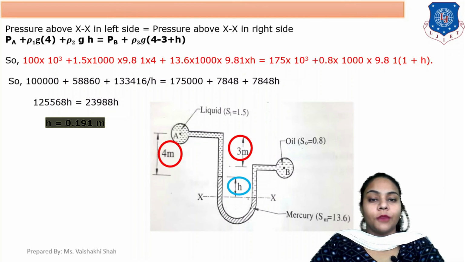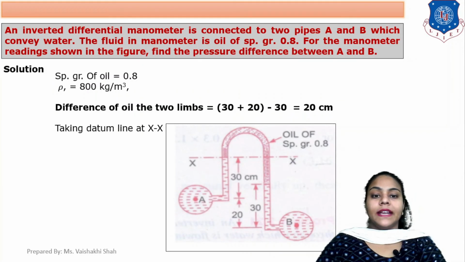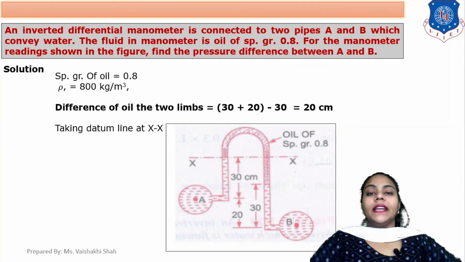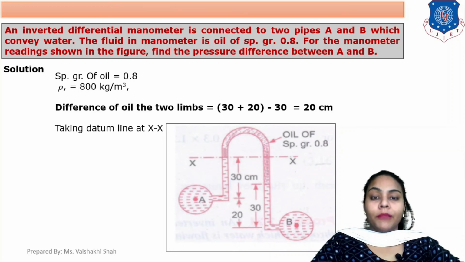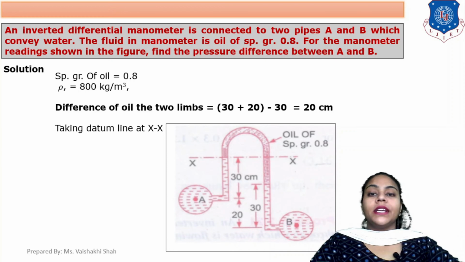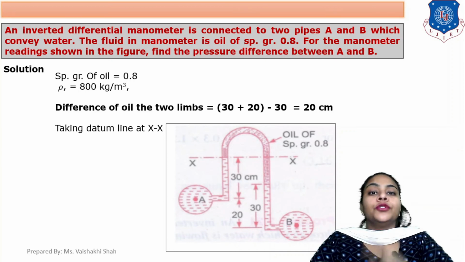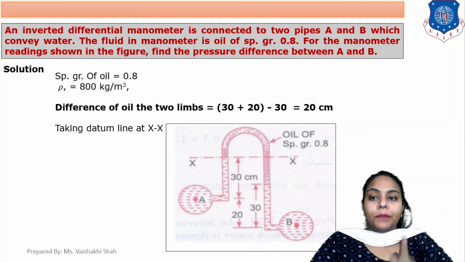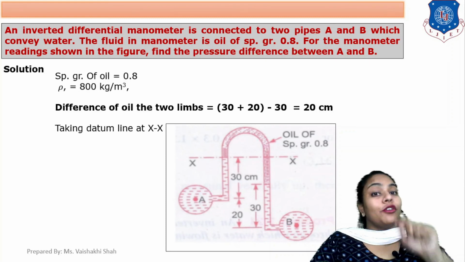Okay. So, here small h is 0.191 meter. Now, our next example is an inverted differential manometer. Firstly, the type of manometer given to you is an inverted manometer. In this inverted differential manometer, which is connected to 2 pipes A and B, which convey water, the fluid in the manometer is oil.